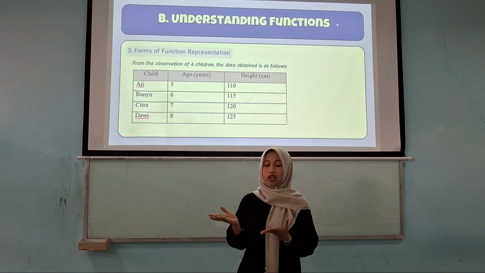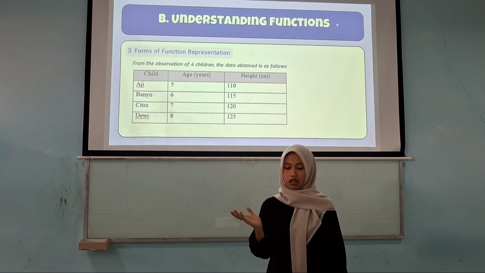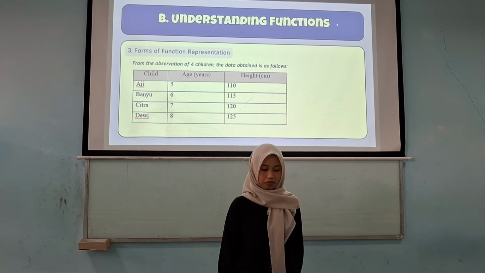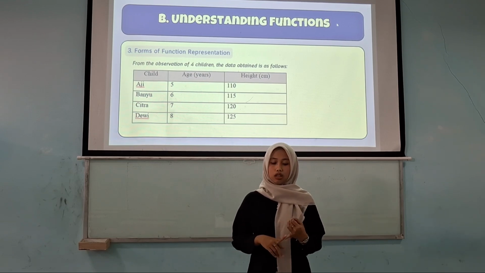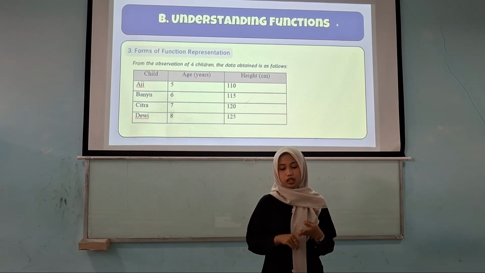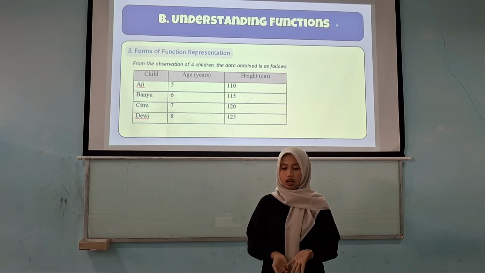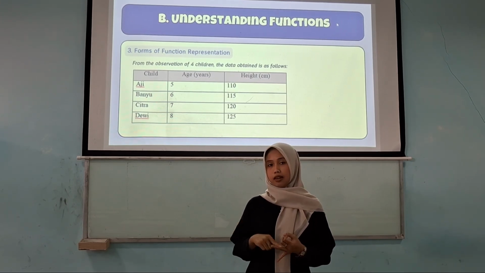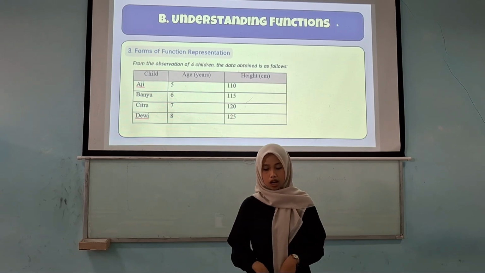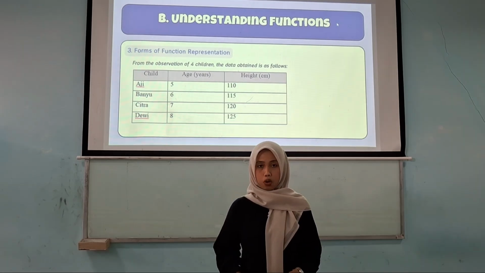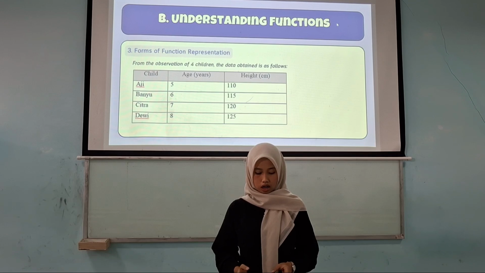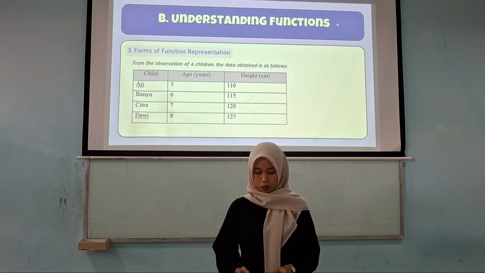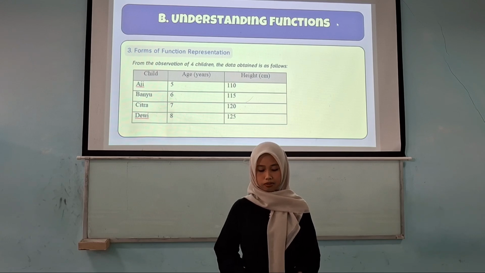From the observation of four children, the data obtained is as follows. Children: Aji, Banu, Citra, and Dewi. Age in years: 5, 6, 7, and 8. Height in centimeters: 110, 115, 120, and 125.